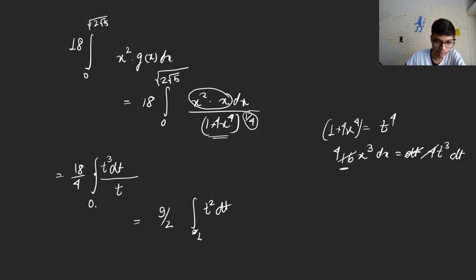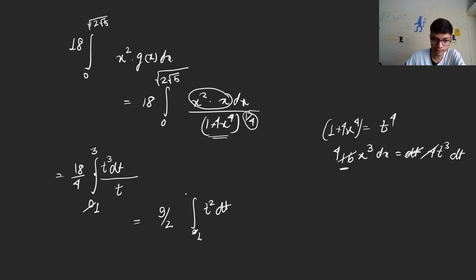Within the limit 1 to, and in place of x I put root under 2 root 5, so this simplifies as 1 plus 4 times 2 root 5 into 2 root 5. You can simplify and find this t to the power 4, which is going to be 81. So the value of t is going to be 3.